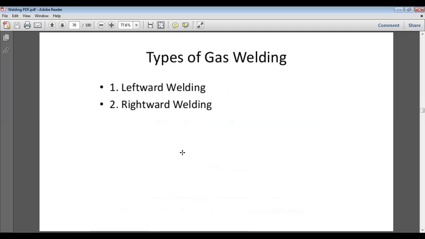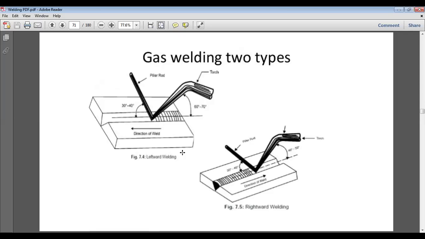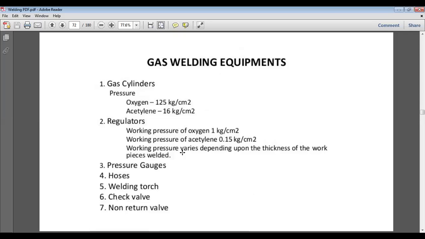Types of techniques used in gas welding: leftward and rightward. For leftward welding, we are basically moving the torch in the left direction, whereas for rightward welding, we are moving the torch in the right direction. Then gas welding equipment: you can see cylinders, regulators, high pressure gauges, hoses, welding torch, check valve.